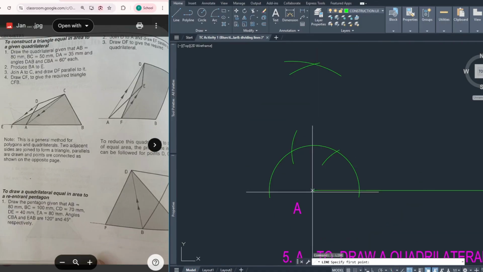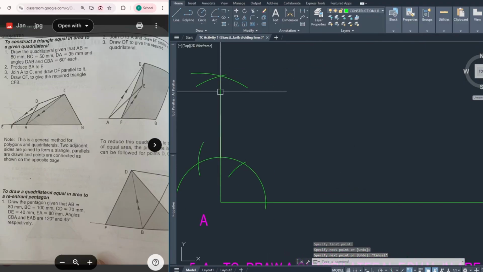All right, so now we have our 90 degrees joining A to the intersection at the top.